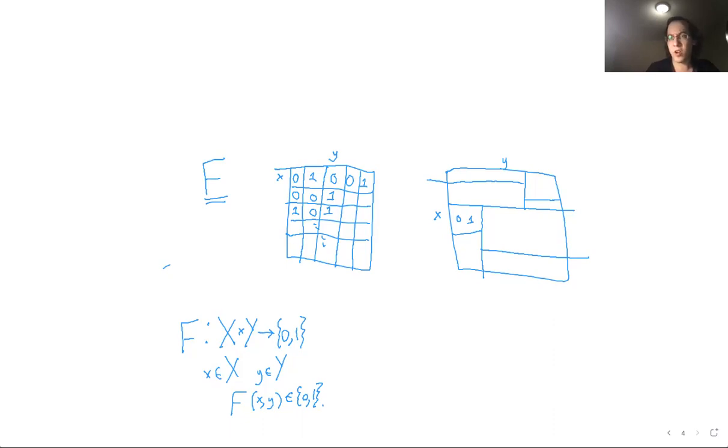Okay, so they don't both have knowledge of what f of x y is yet. When they both have knowledge of what f of x y is, that means that we've split the rectangles enough that each rectangle is either all 0 or all 1.